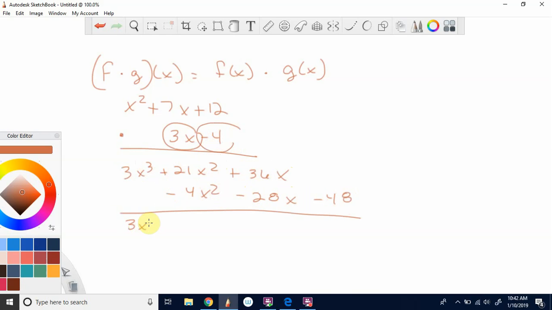Then I'm just going to add my two polynomials, so I get plus 17x squared plus 8x minus 48. Okay, so the domain is all real numbers. It's a polynomial, and the range is also all real numbers because it's a polynomial.